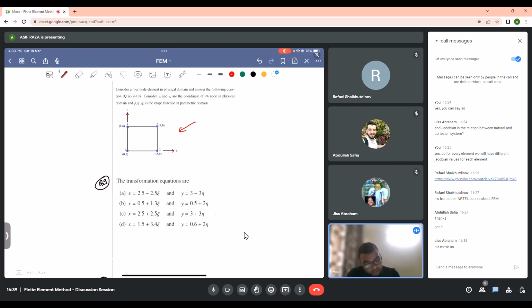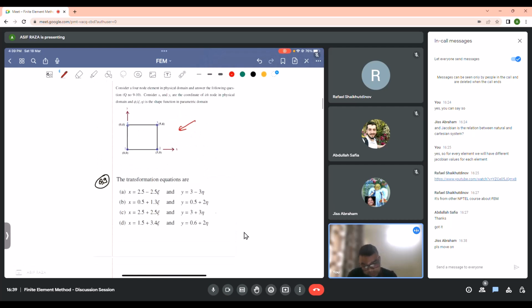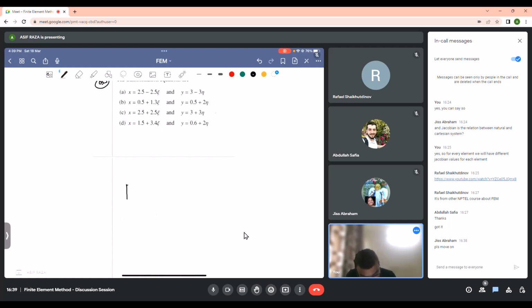Okay, so let's solve this. It's quite an easy thing. So in the parametric domain, what do we have? If I say nodes 1 2 3 4, it has a xi and eta coordinate system.